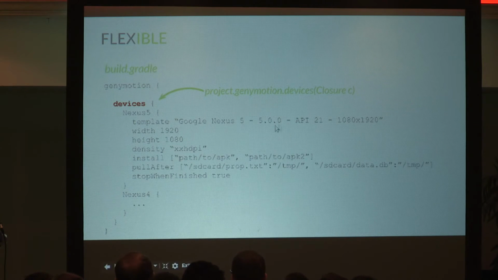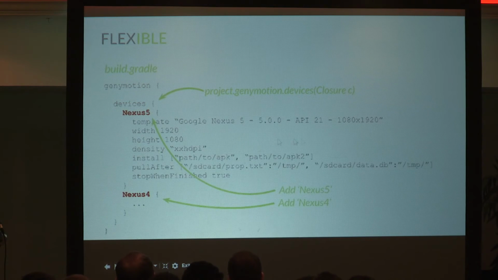And that's something extremely convenient and used a lot in Gradle DSLs. So basically, you call the devices method in the Genymotion extension, and then you pass these blocks. So Nexus 5, this is one, and also Nexus 4, you get the point.